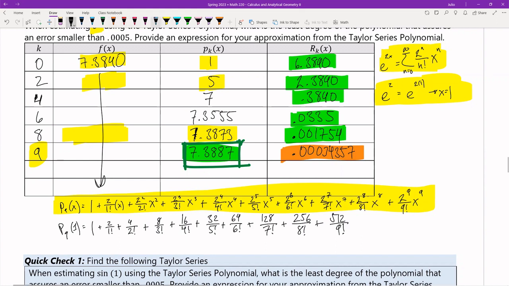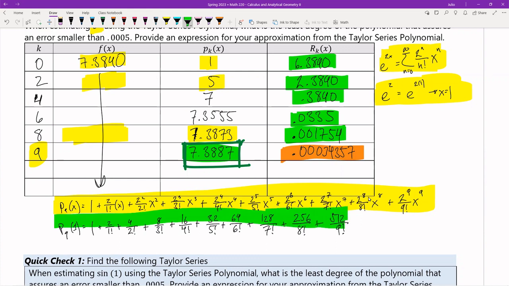This right here, let me actually do it in green. This is pretty profound. I want you guys to see what this is. This right here is the 9th Taylor polynomial for my function e to the 2x, evaluated at 1.